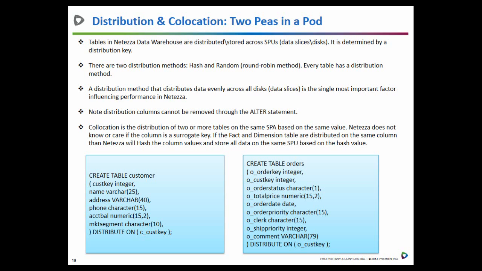So Netezza's answer to solve these problems is to really tightly integrate all of this, in a model that has been used in the industry by something like Apple, right? Everything is tightly integrated, the software and the hardware itself. So Netezza uses this kind of Apple model to resolve the traditional barriers, to remove the traditional roadblocks that you find in data warehousing, and to give you optimum performance.